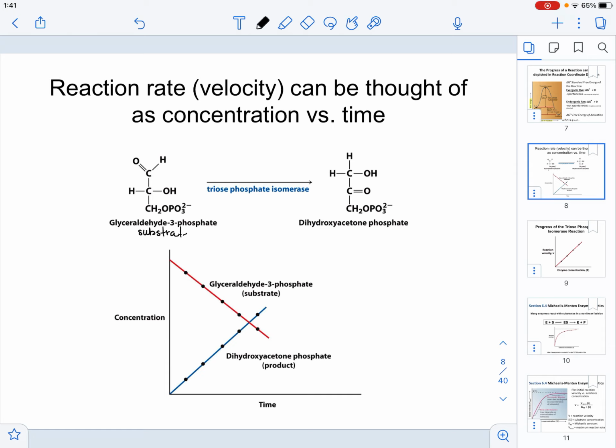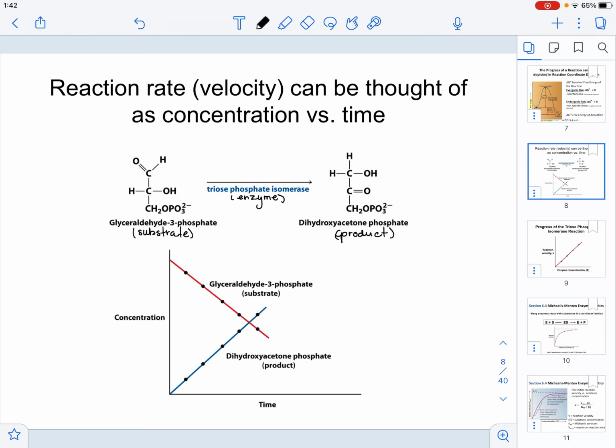In this slide, we have the particular reaction in which our substrate or reactant, glyceraldehyde 3-phosphate, is going to be converted to the product, dihydroxyacetone phosphate, by the enzyme triose phosphate isomerase.